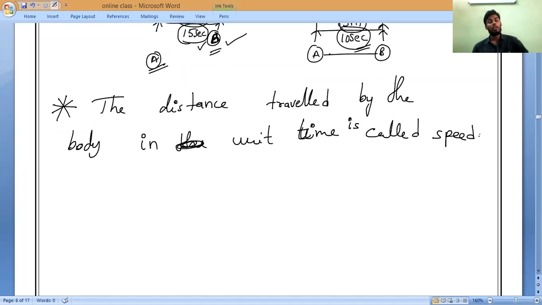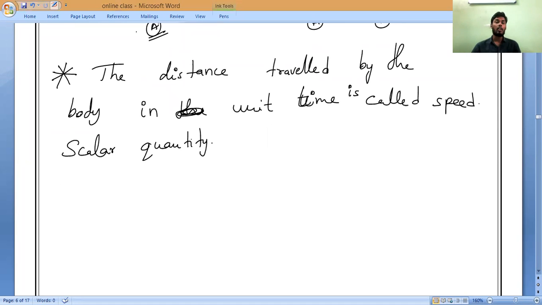So we are not talking about any direction. So which quantity is it? Scalar quantity. It is a scalar quantity. That is what you have to understand.